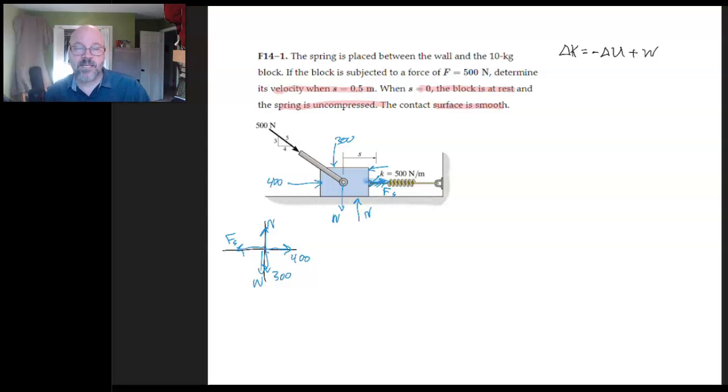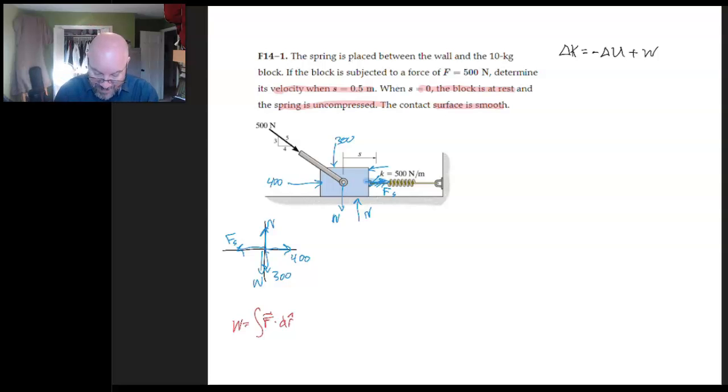Okay, now when it comes to energy, energy changes, and we're dealing with force and work, remember that work is the integral of F dot dr, okay? And so if our motion is perpendicular to a force, then that force doesn't affect our energy equation in any way.